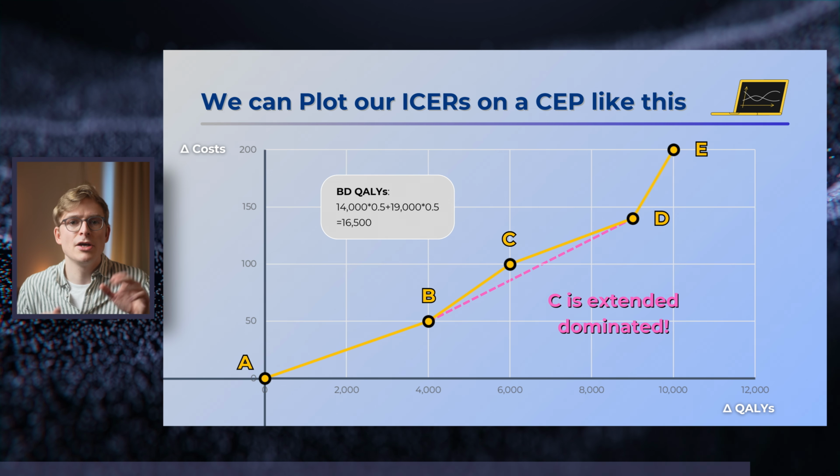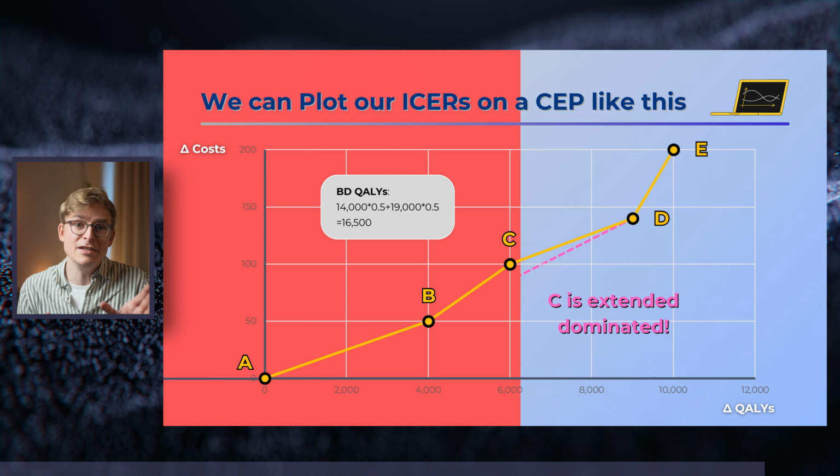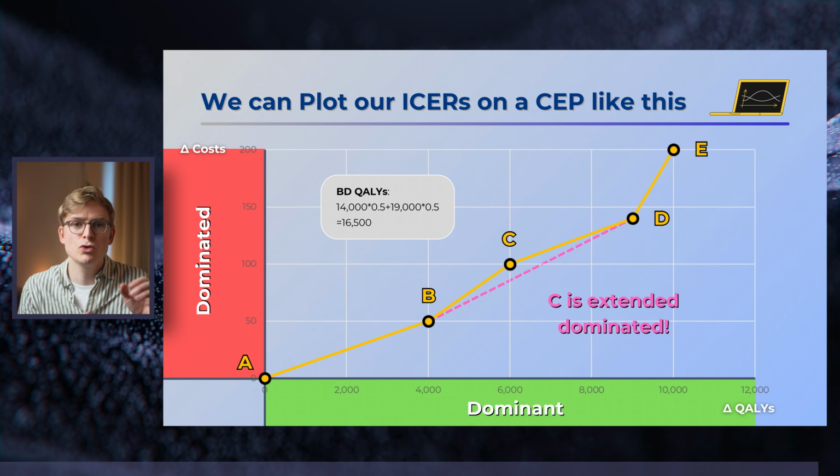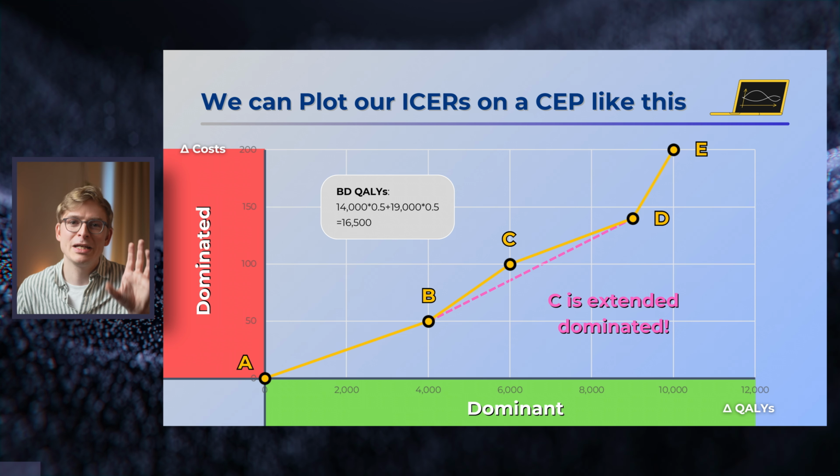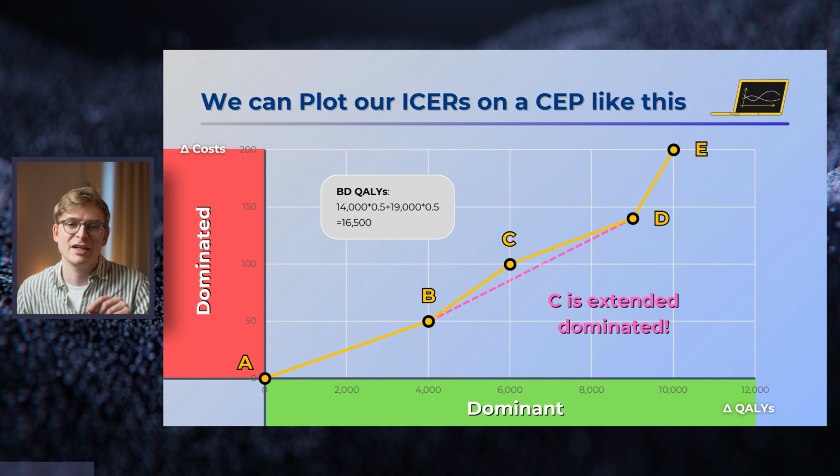Spotting treatments that are either dominated or dominant is easier than identifying extended dominance, as the latter requires careful consideration of linear combinations of 2 treatments and can therefore sometimes be missed. We didn't miss it though, which is why we can remove test C and draw our cost effectiveness frontier.